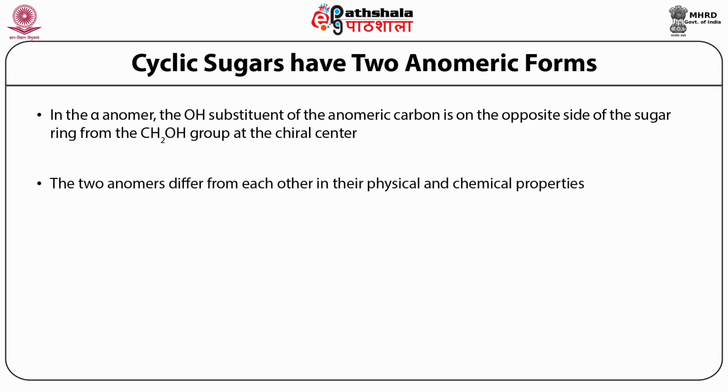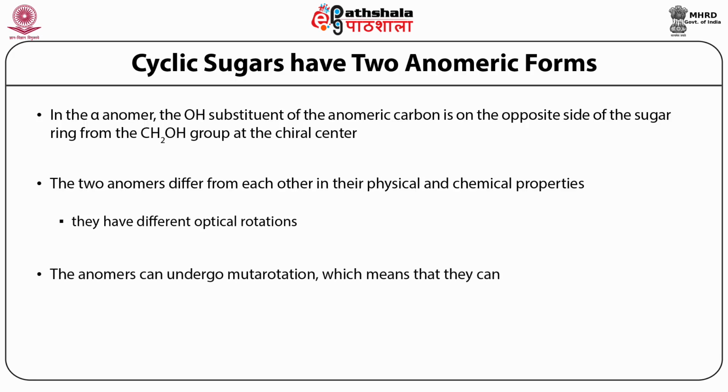These two anomeric forms, the alpha and the beta glucopyranose, will differ from each other in their physical as well as their chemical properties, and they will also differ in terms of their optical rotations.